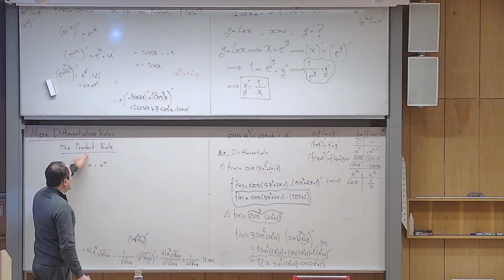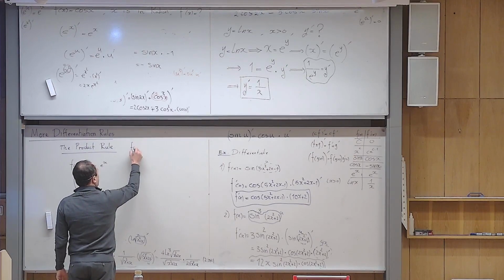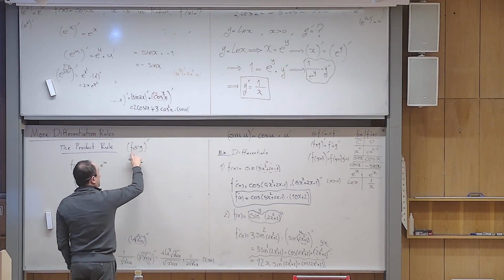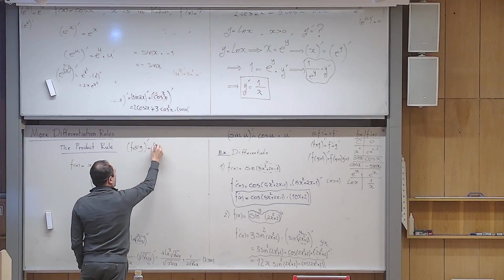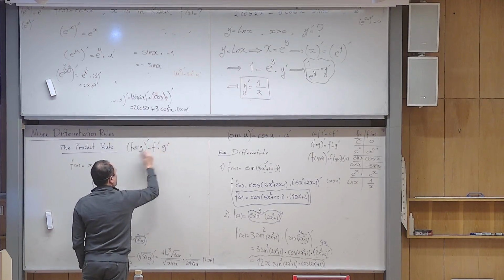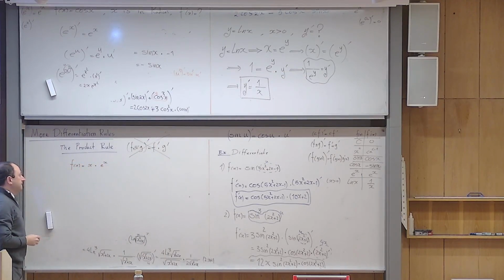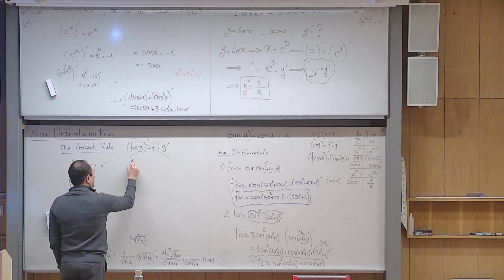The product rule tells you that yes, there is a connection between the derivative of the product of 2 functions. But the rule is not as simple as before, that you can take the derivative of this and the derivative of that. So let me write the wrong version and cross it over. This is not the correct version. The correct version is more complicated than that, okay?